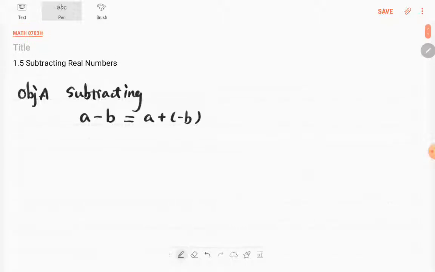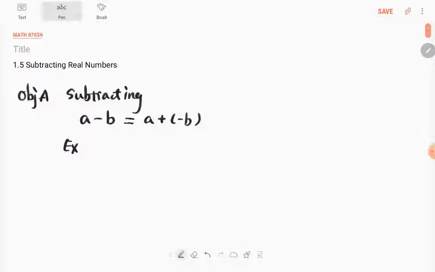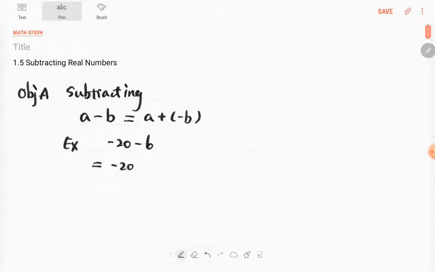For example, if we have negative 20 minus 6, we can just transfer the subtraction to, if it's minus 6, then we can treat it as plus negative 6.